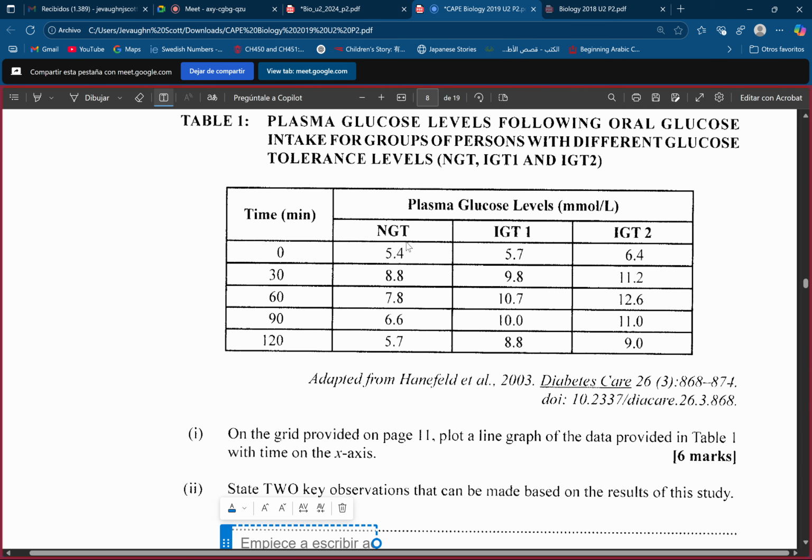So we have this NGT, IGT1, and IGT2. What is the difference here? So one thing I can note here is that the peaks in IGT1 and IGT2 are higher than that of NGT. So that's one thing I could state here.